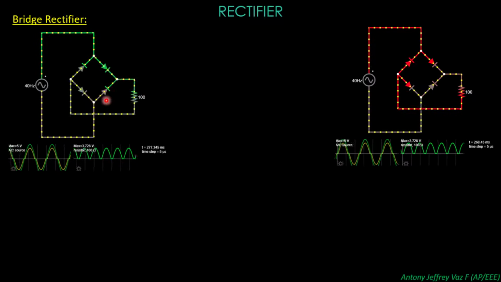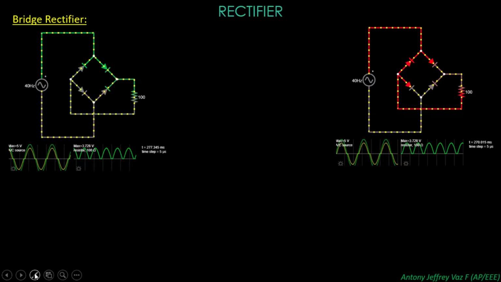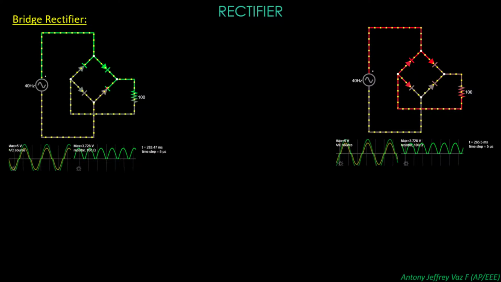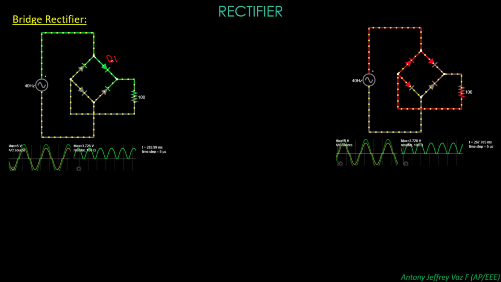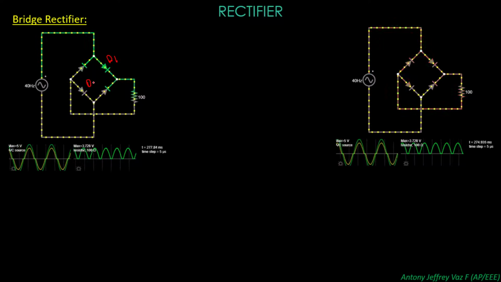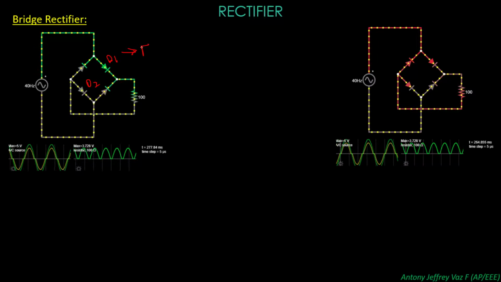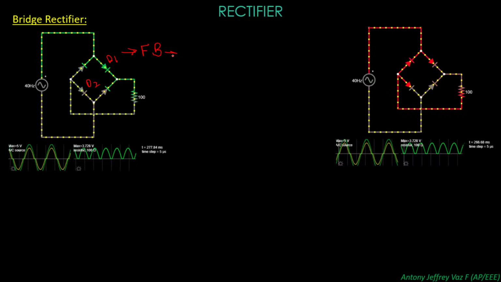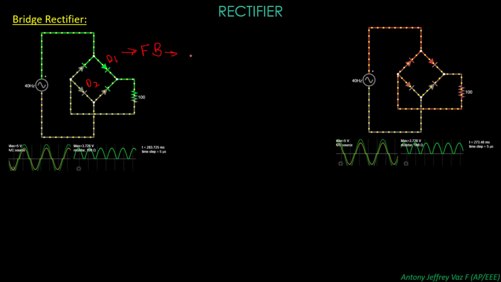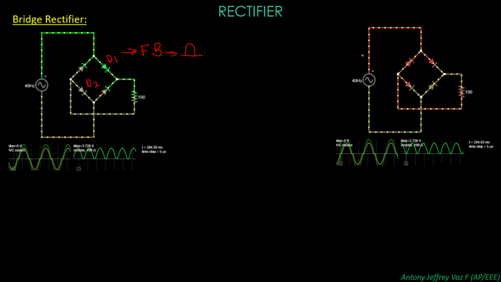So in a bridge rectifier, you can say this D1 and D2 will be in forward bias when the sine wave is positive, for this end of the sine wave.